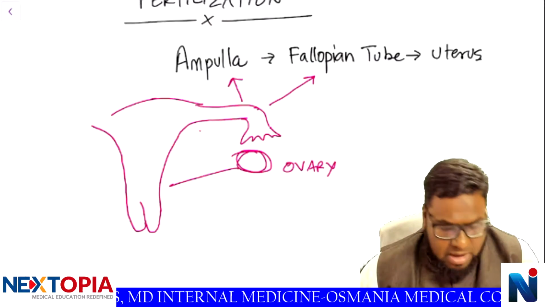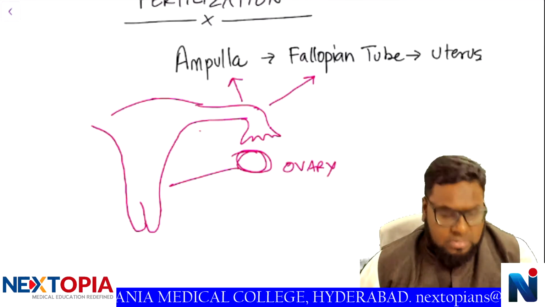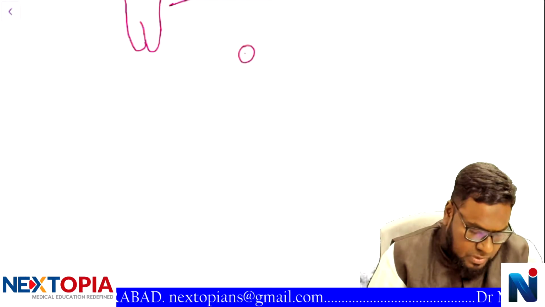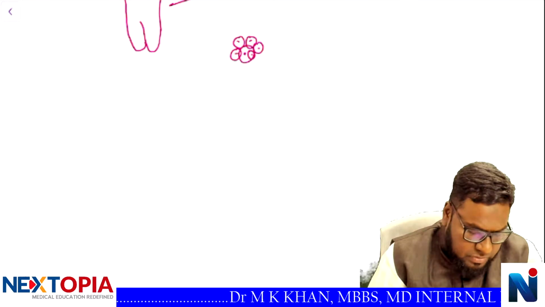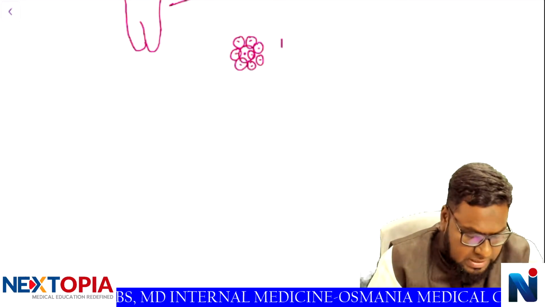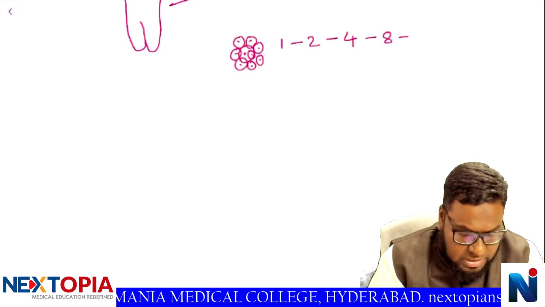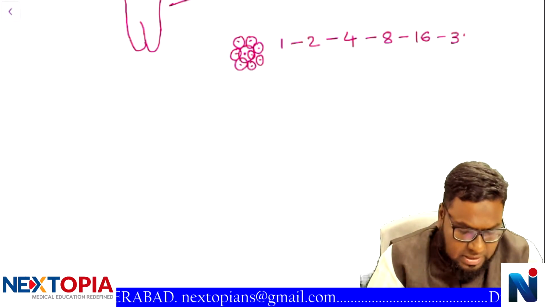After fertilization, the fertilized ovum undergoes multiple divisions, forming a group of cells. First from 1 cell to 2 cell stage, from 2 cell stage to 4 cell stage, from 4 cell stage to 8 cell stage, like that 16 cell stage, and 32 cell stage.